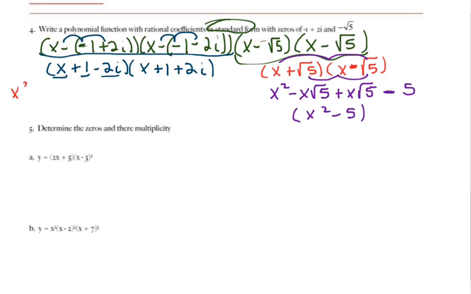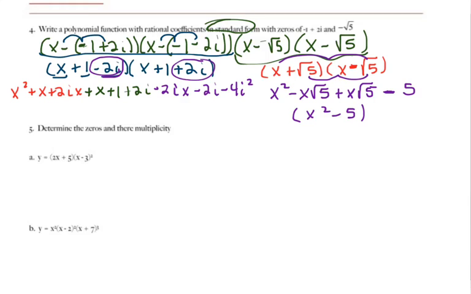I get x squared plus 2ix. Next I'll do the 1. I get x, I get 1, I get 2i. And lastly I'll do the negative 2i. I get negative 2ix minus 2i minus 4i squared. Minus 4i squared comes from negative 2 times positive 2 and i times i.